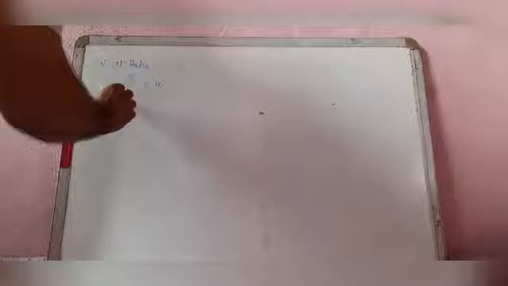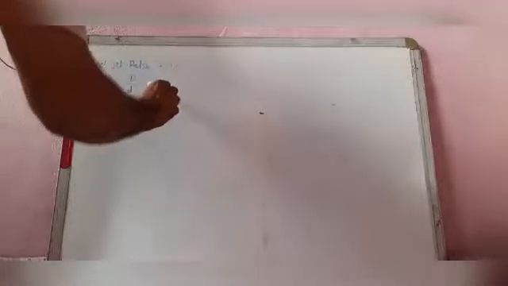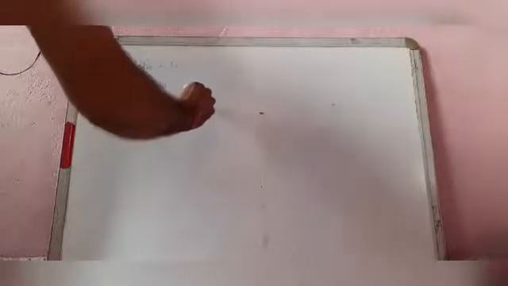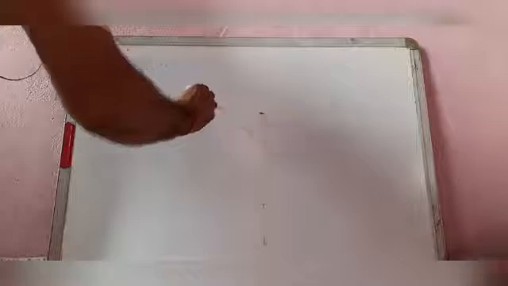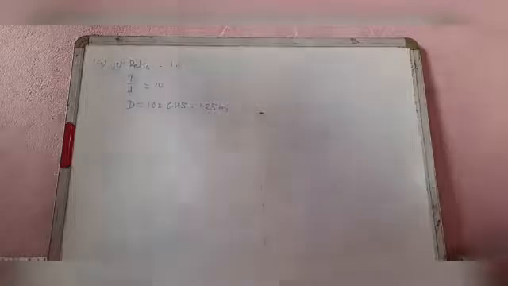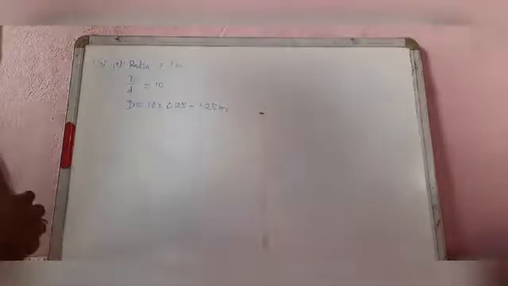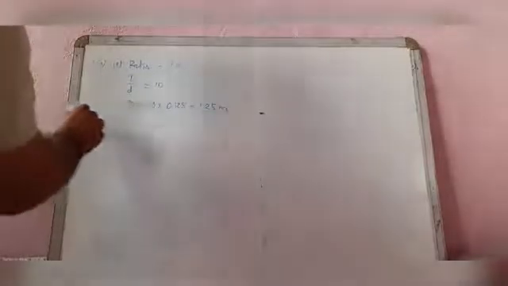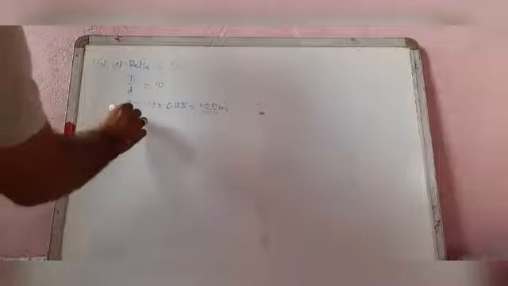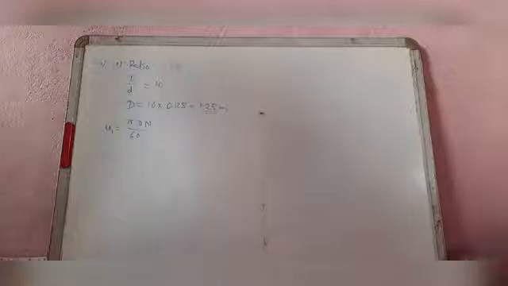So D equal to 10 into 0.125 meter equal to 1.25 meter. This is 1.25 meter, and earlier d was 125 mm. So the dia of wheel is 1.25 meter, but U1 equal to pi DN by 60.